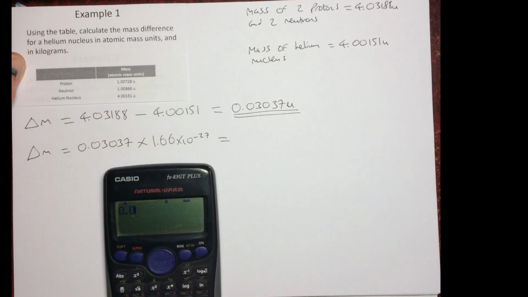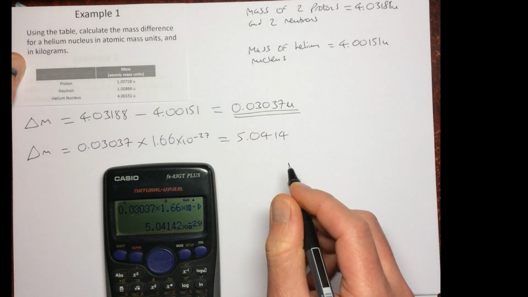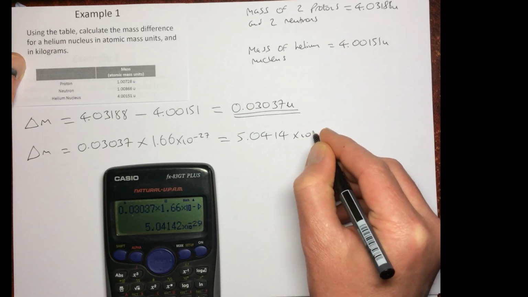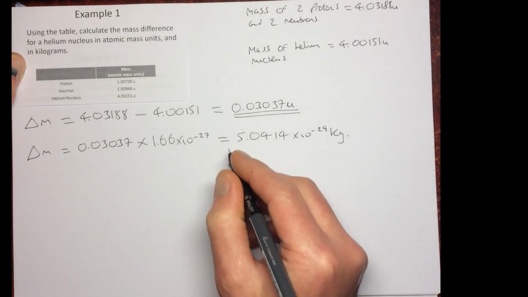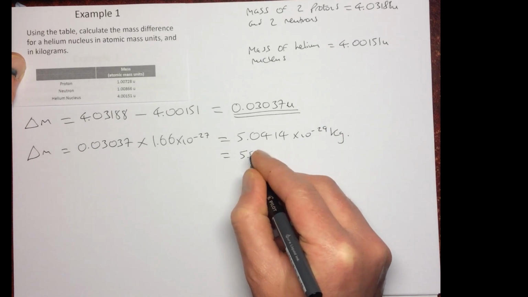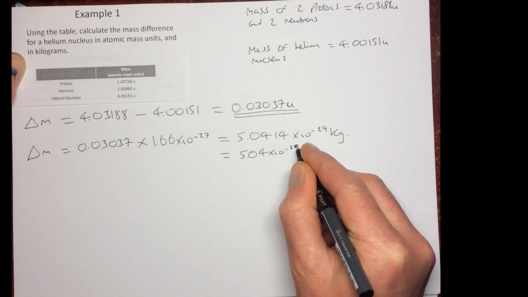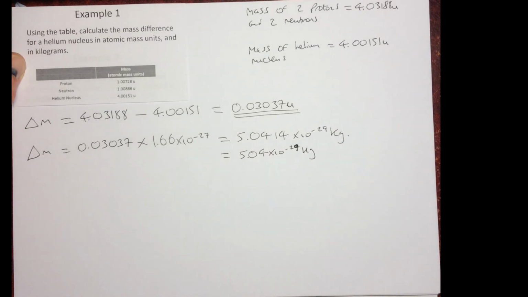Okay, so 0.03037 multiplied by 1.66 times 10 to the minus 27 is going to give us 5.0414 times 10 to the minus 29 kilograms, and you could round that to 5.04 times 10 to the minus 29. Whoops, that's supposed to be a 9, not a 4. Okay, 10 to the minus 29 kilograms. All right. So that is the answer to this question.